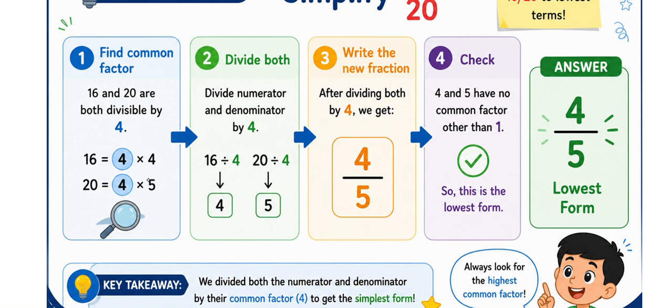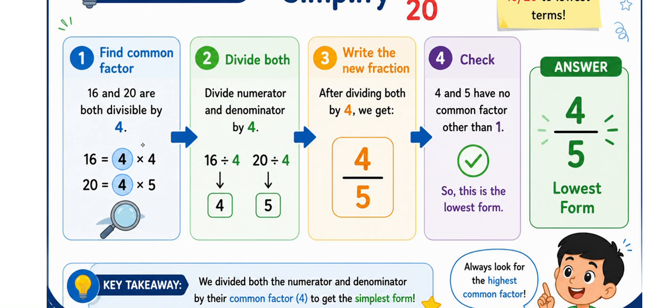Now 20 comes 5 times. 4 fives are 20. Now you can see a number is common between them. What is that number? 4 is present in the multiples of 16 and 4 is present in the factors of 20 as well. So 4 is a common factor of 16 and 20.